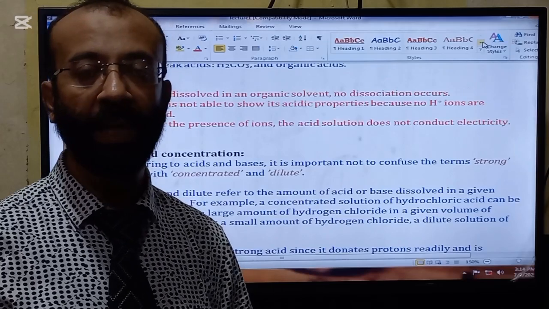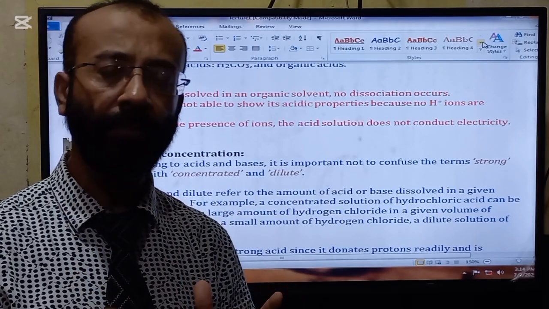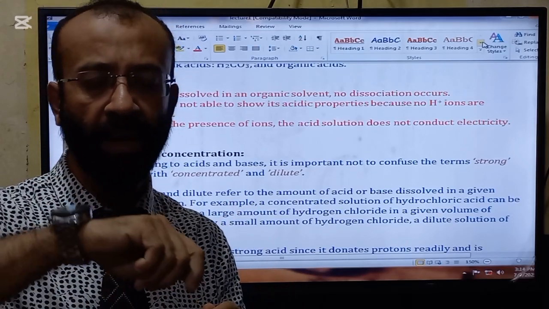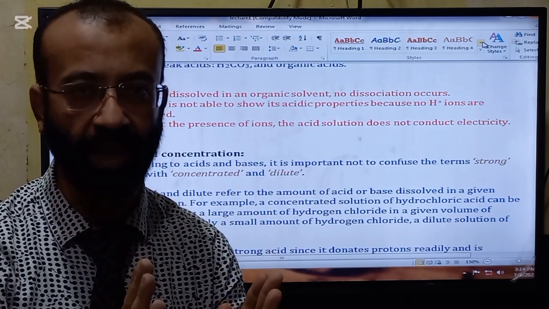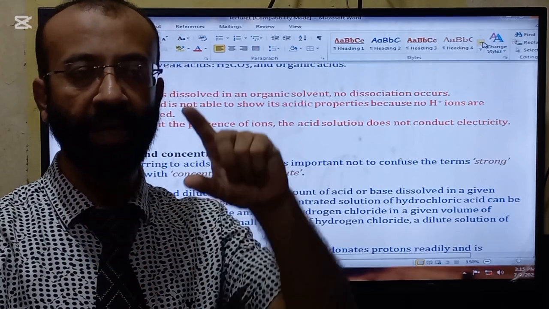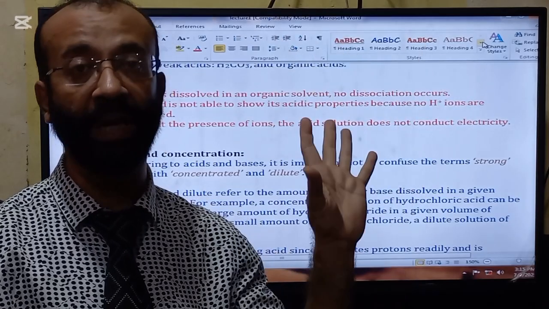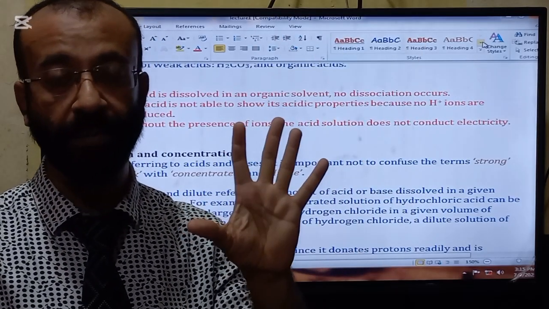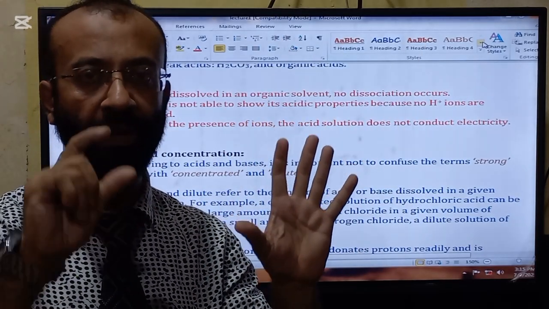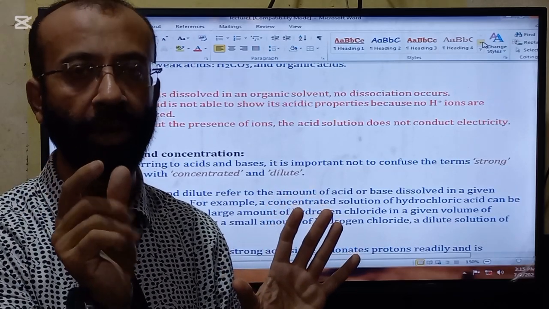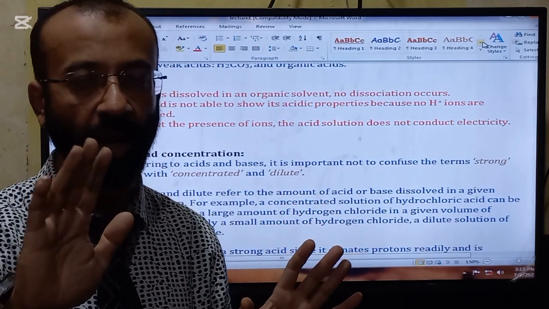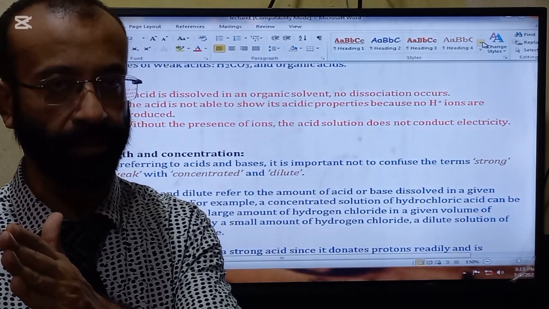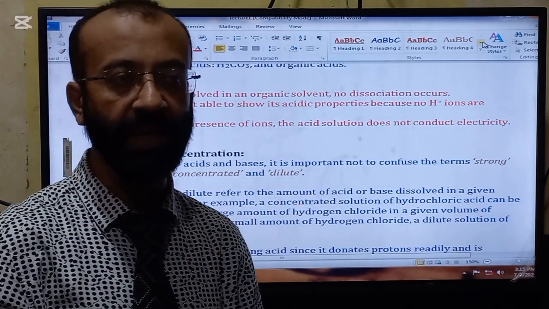So look now, concentrated. If we dissolve a greater amount of the solute into a given quantity of the solvent, that will be called a concentrated solution. But if we dissolve a lesser quantity of the solute into the solvent, that will be called a dilute solution. The example is here.